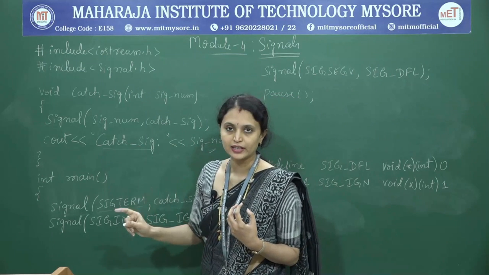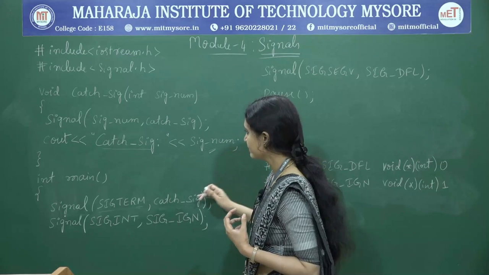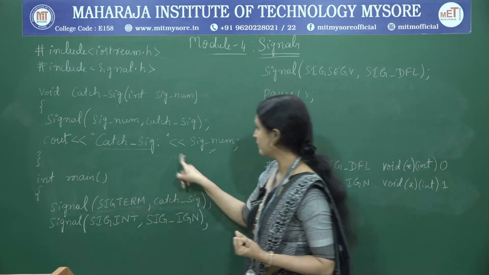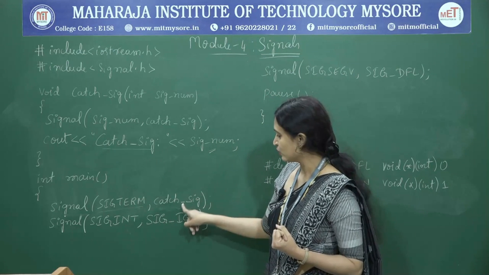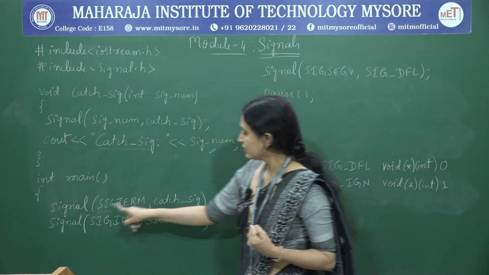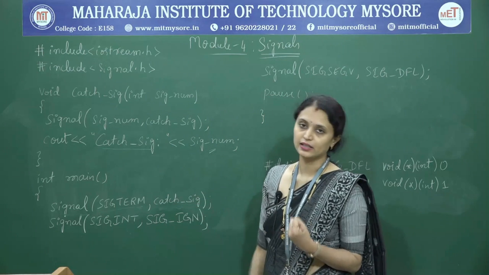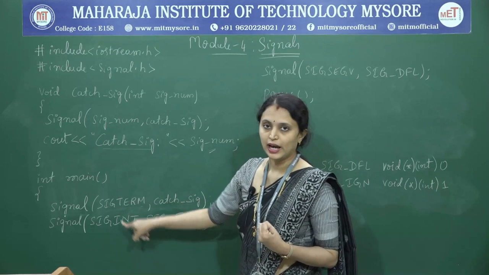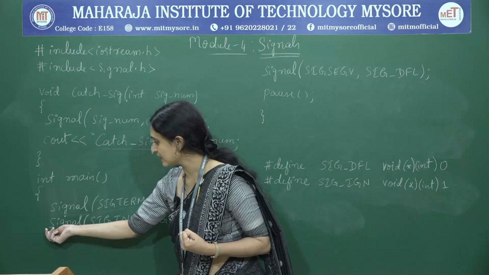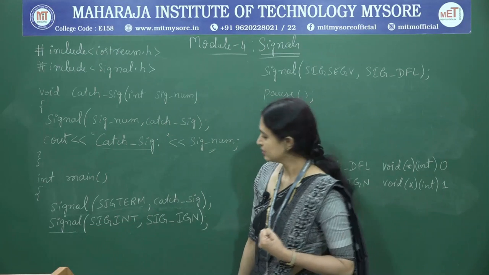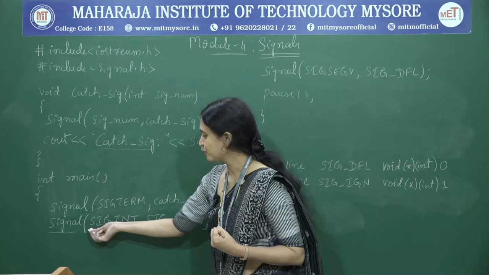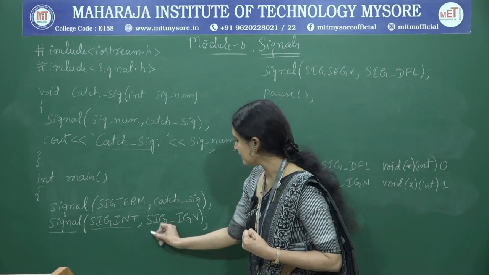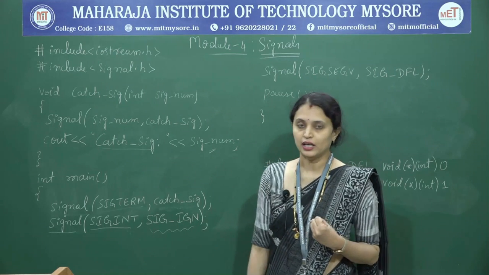So I am saying that through this program I will catch this SIGTERM and print this out. This is with respect to the process termination signal. Next we are invoking the signal API once again, and this time it is for the interruption signal, so SIGINT followed by SIG_IGN.